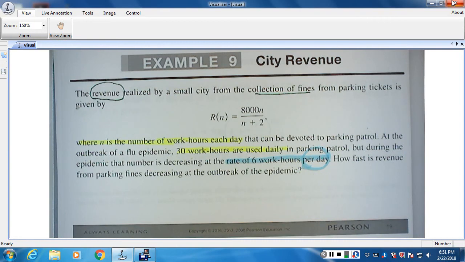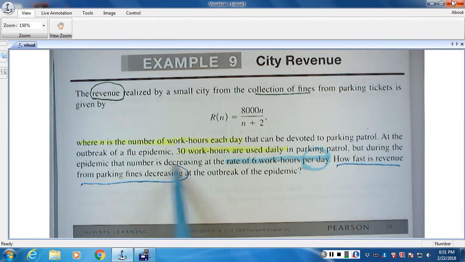So what we really need to do to solve this problem is figure out, since it's asking us how fast is revenue from parking fines decreasing when that epidemic starts out. How fast is the revenue going to decrease? Okay?